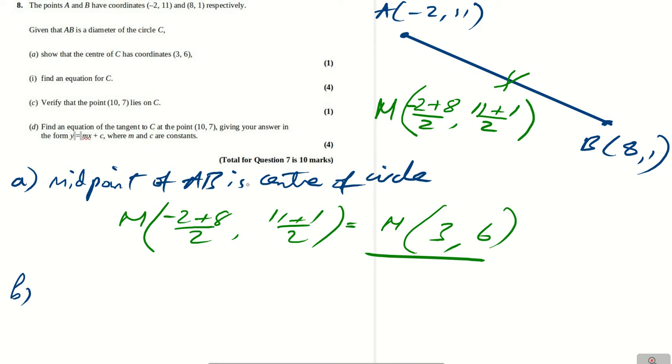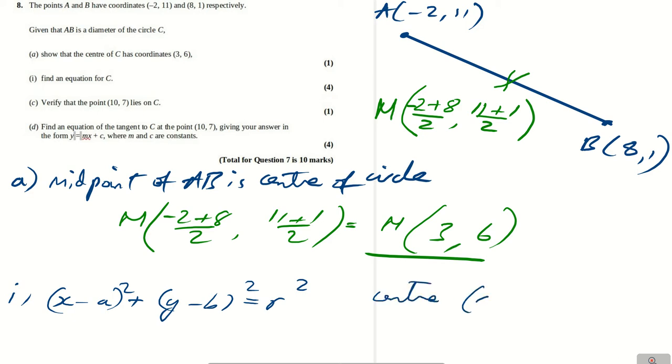Right, next part. Oh, it's not, it's part 1, isn't it? So part 1, find an equation for C. Well, in general, the equation of a circle will just be x minus a squared plus y minus b squared equals r squared, where the centre of the circle is given by a, b, and r, of course, is the radius.